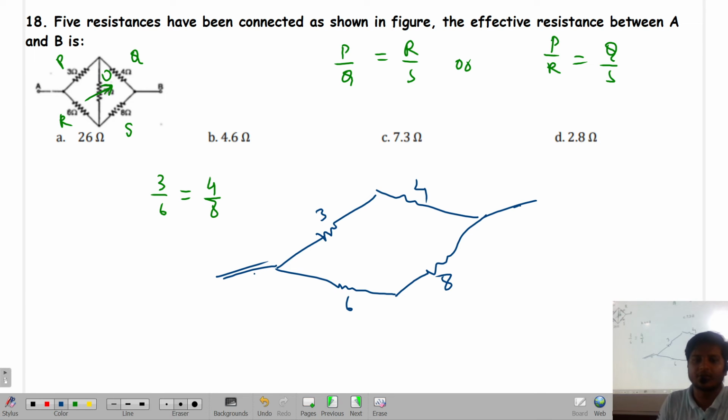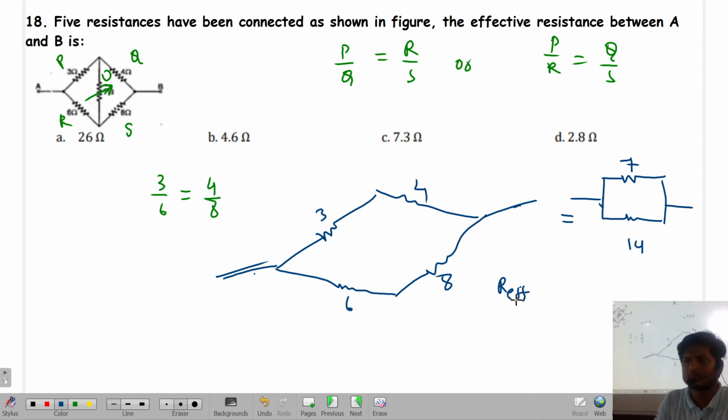Can you do it or not? This is 3 plus 4, that is 7. This is 8 plus 6, that is 14. So R effective becomes 14 into 7 divided by 14 plus 7.